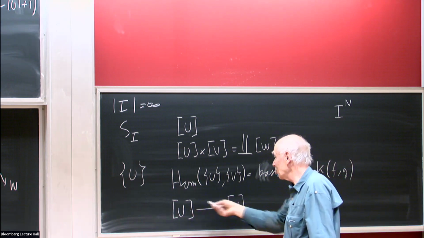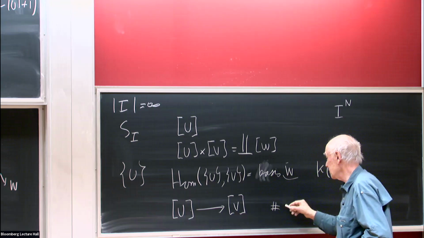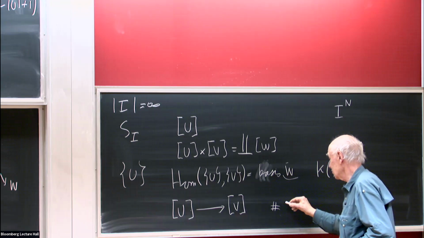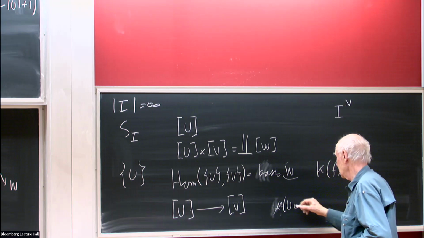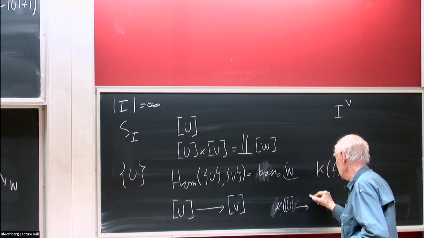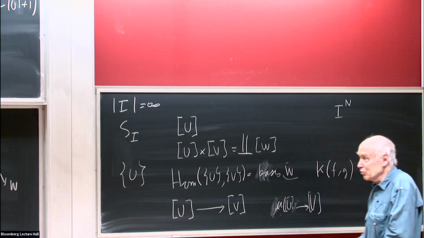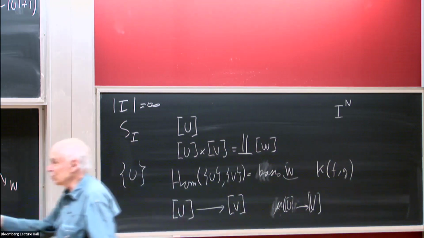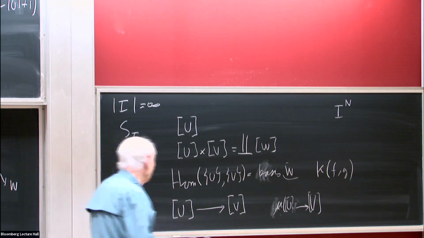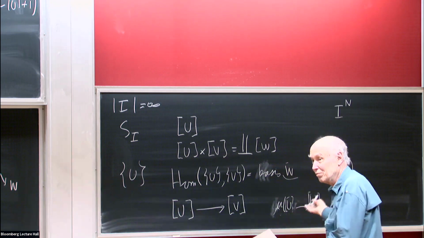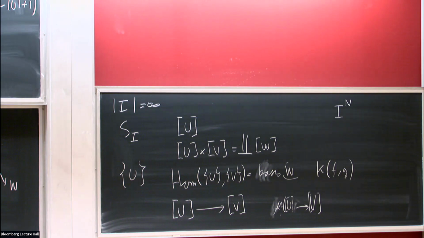So for each morphism between homogeneous spaces, something you label as being, you will call it mu of u. And it should satisfy some property so that the associativity holds true.